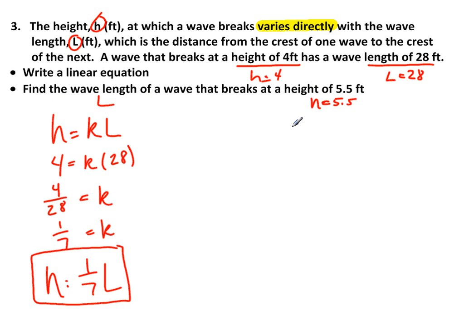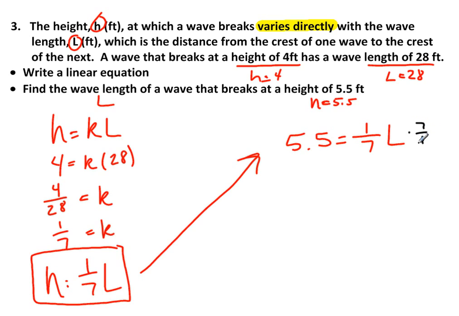All right. So now that I have my equation, I know that h is 5.5. I have 1/7 for my k value times l. So what I'm going to do is multiply both sides by the reciprocal, 7 or 7 over 1.